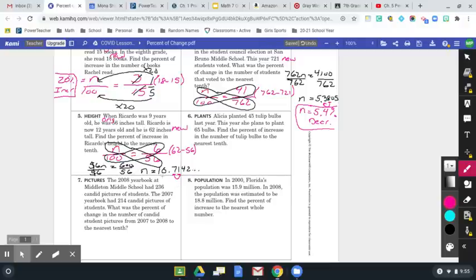So that means here it is a 10.7% increase in his height.